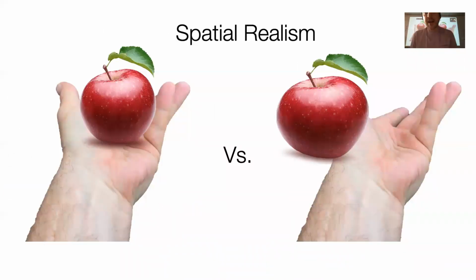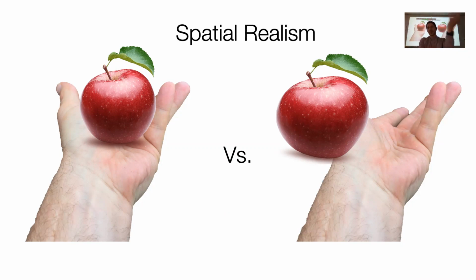So let's start and look into the first problem, and the first problem is about spatial realism. You will see today a lot of hands with apples because I always use them on a high level to illustrate the problem. That's usually how I explain it to other people. What we want is what you see hopefully on the left-hand side.